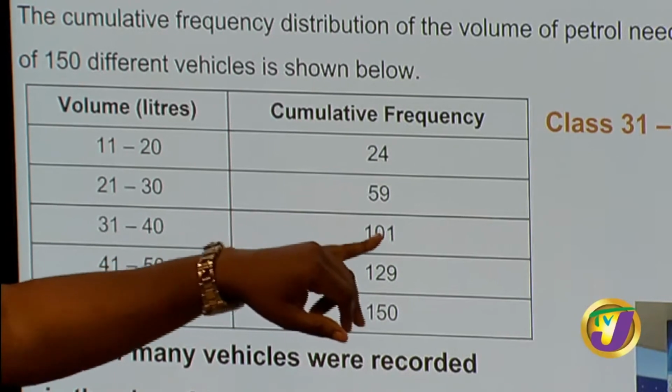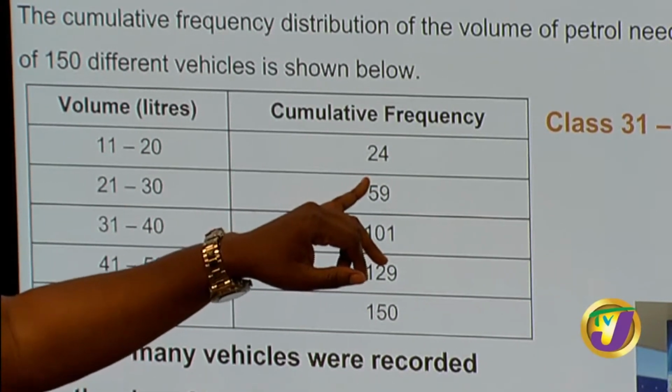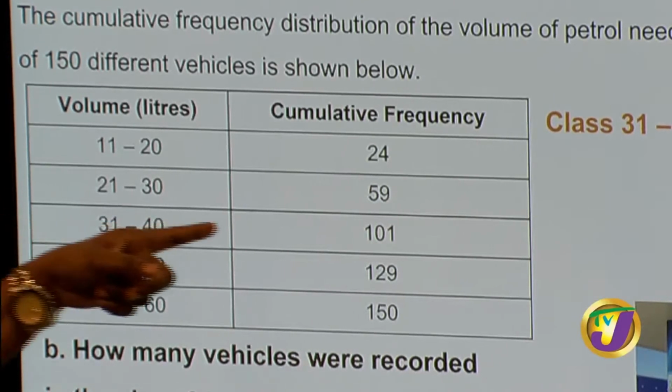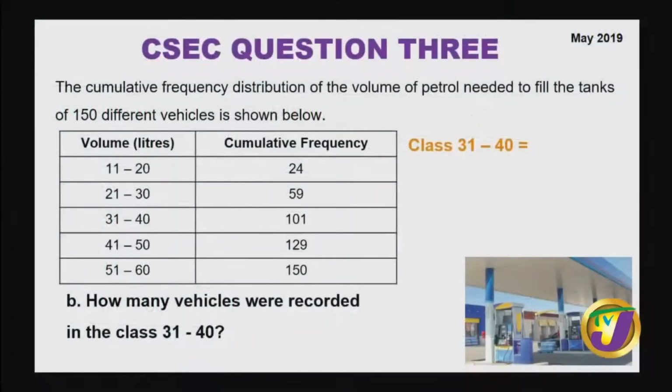So in other words, the 101 included the 59 vehicles that were before. Right. So if I want to know just the vehicles in this particular class interval, I feel a subtraction coming. You feel it? Yes. I feel it too. All right. So we need to take that 59 out of the 101 and we will know that there are 42 vehicles that required 31 to 40 liters of petrol.